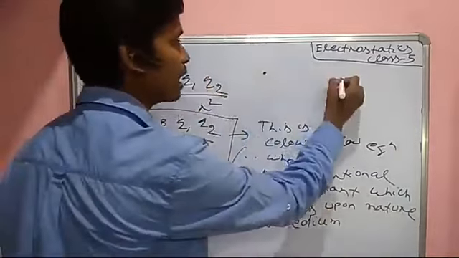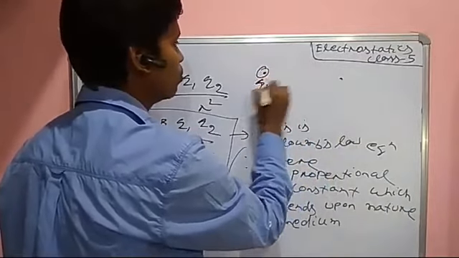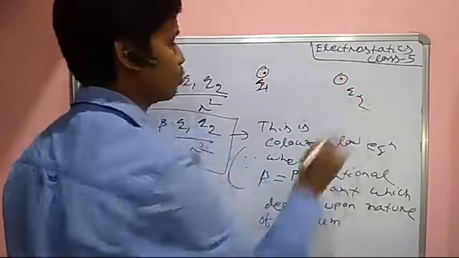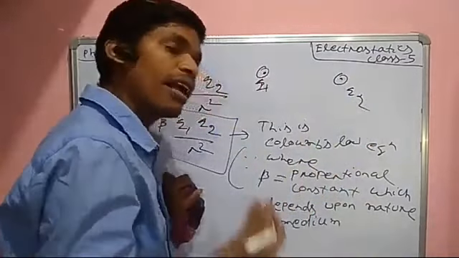Two point charges are there, Q1 and Q2. Beta is the constant which depends upon the nature of the medium.